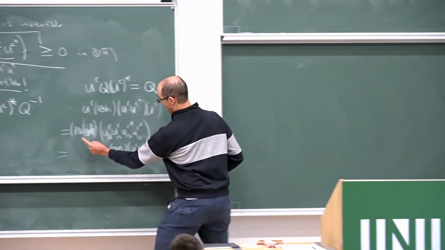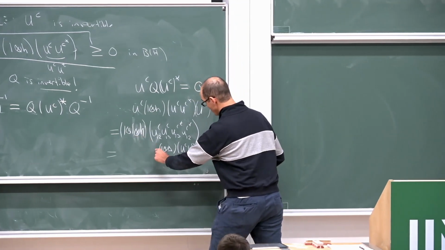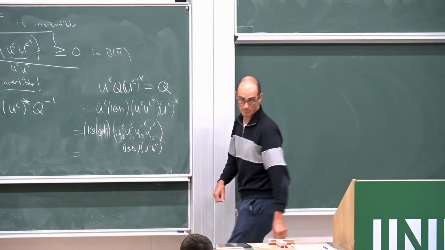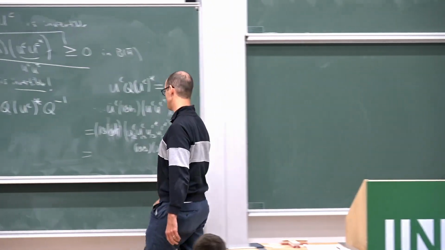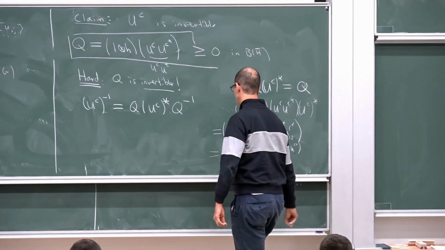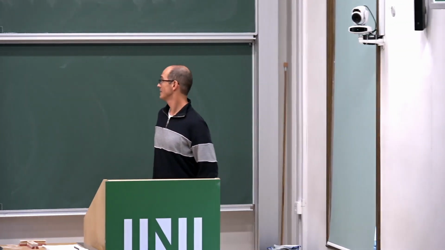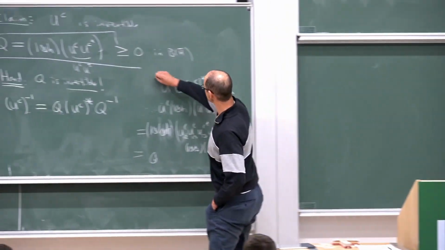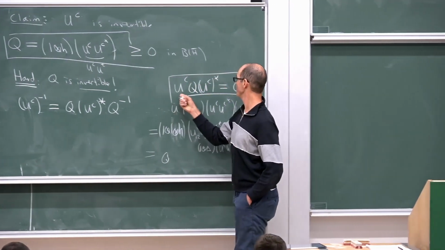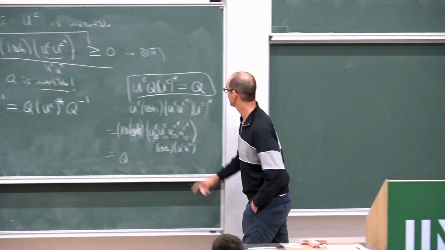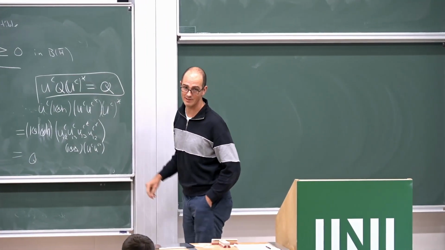So identity tensor H of identity tensor delta of UC star. H absorbs the delta, and what you're left with is the Q that you started with. So you get a formula like this: if you knew Q UC was invertible, then you get this. Again, the invertibility of Q is the hard part.